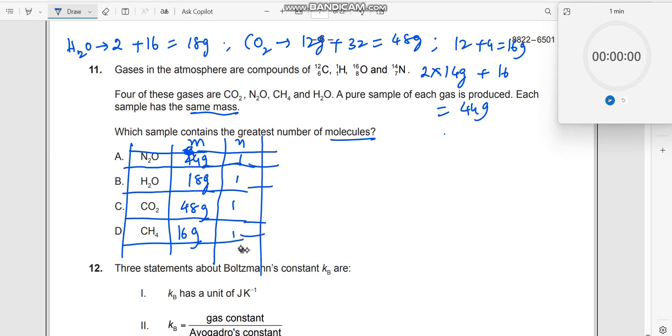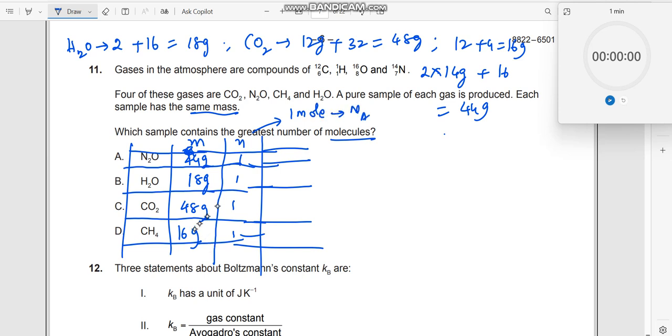Now the problem says it has the same amount of mass, not the same number of moles. Why did I take number of moles over here? Because all of these will have the same Avogadro number. If I take 44 grams of N2O or 18 grams of water or 48 grams of carbon dioxide or 16 grams of methane, all of them will have only 1 mole and Na number of molecules.